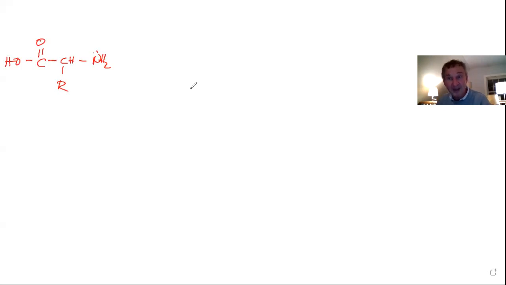And the reason is that the pKa of the amine is between 9 and 10, depending on circumstances, while the carboxylic acid is 2-ish.